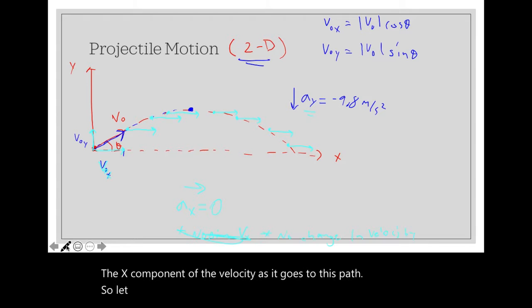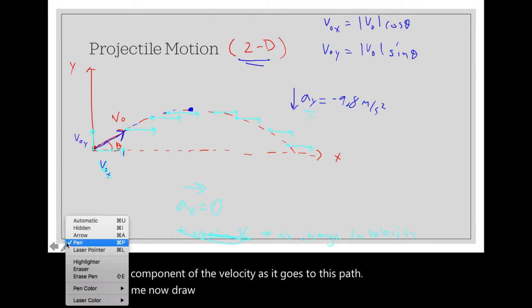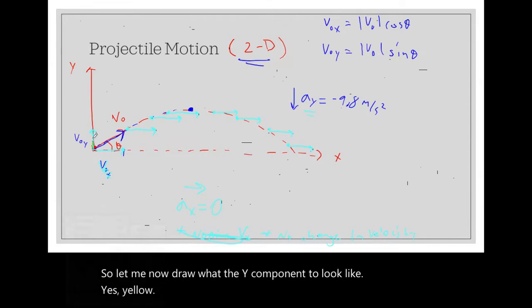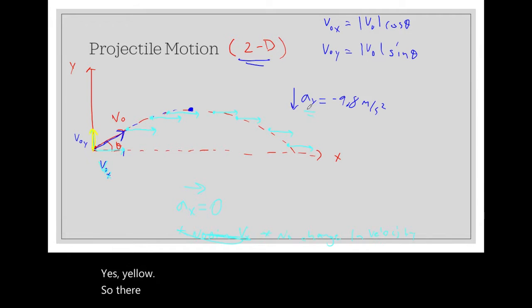So let me now draw what the y component is going to look like. There is an acceleration in the y direction, so the velocity is going to change in the y direction.